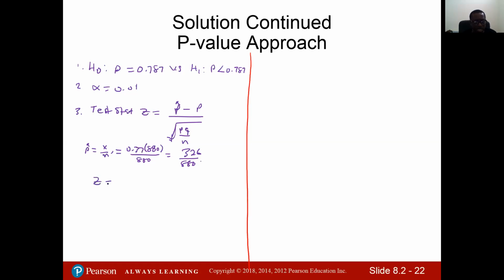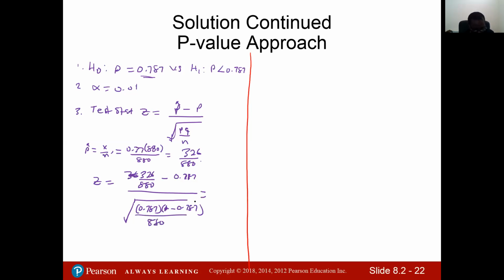So then what is my Z? Z is 326 over 880 minus P, where P is this value right here, 0.787, all divided by the square root of 0.787 times Q, which is 1 minus 0.787, divided by 880.